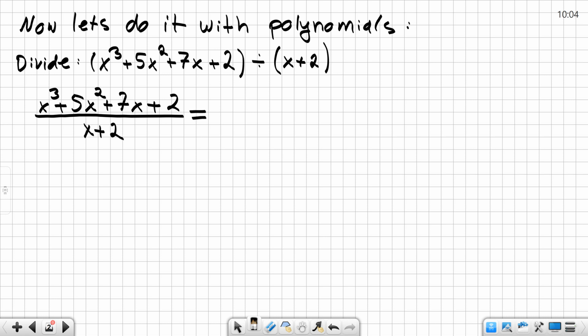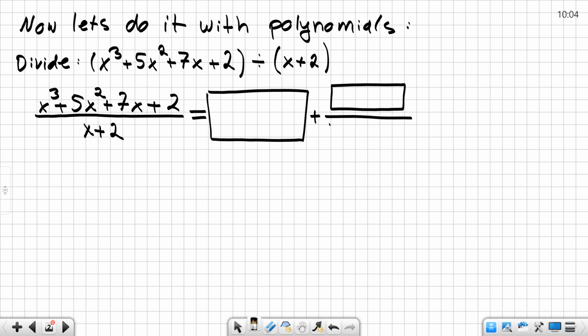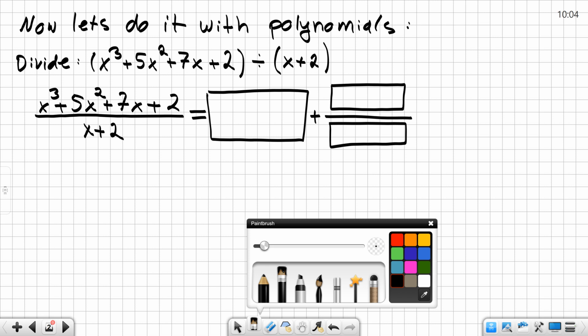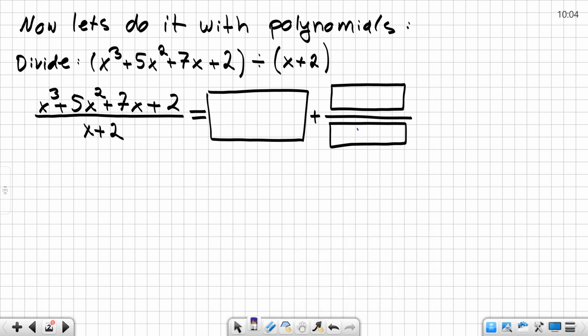I already know how I'm supposed to write down my answer: a quotient plus a possible remainder divided by the divisor. The divisor is x plus 2. I just need to find out what to place in here and here.